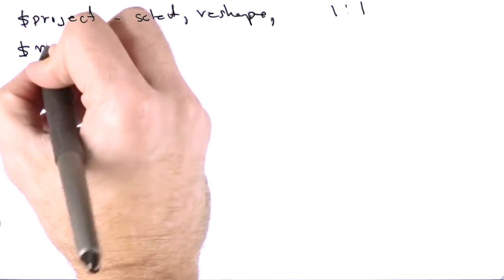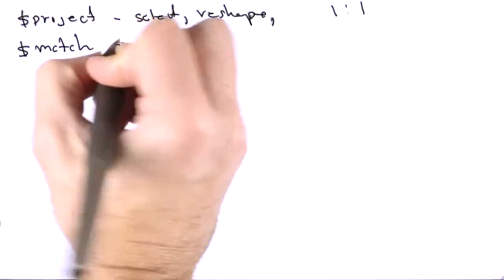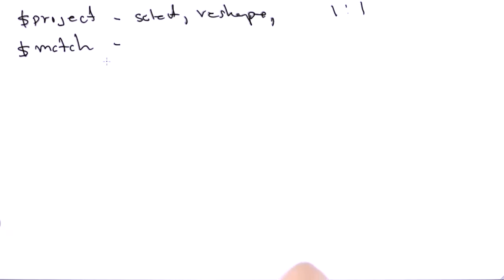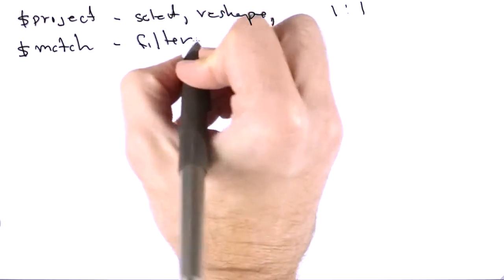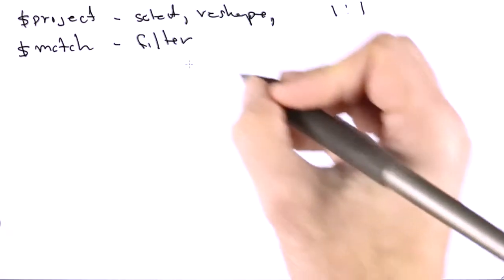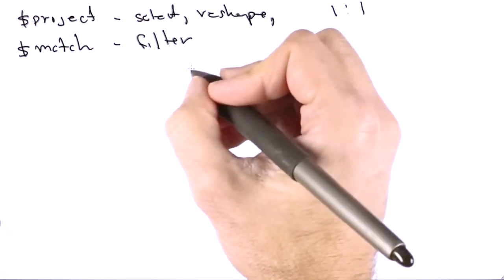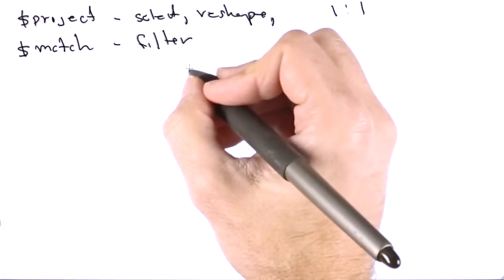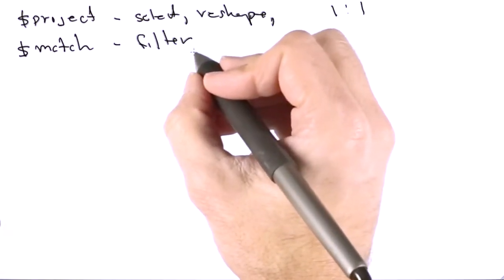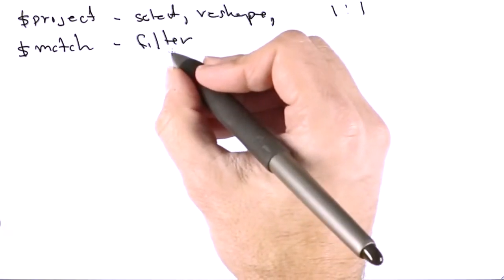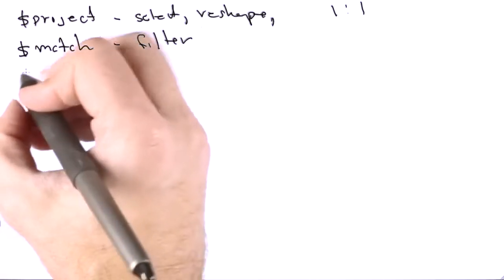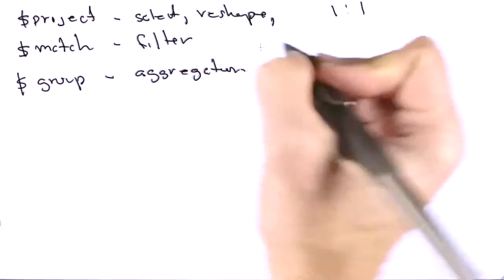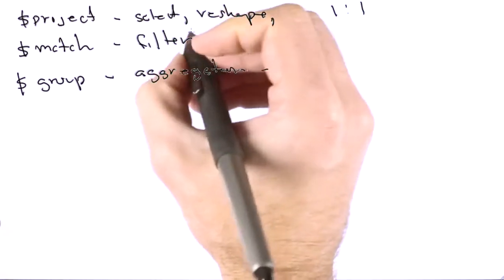Now, the next one is a $match. They don't have to be in this order in the pipeline. And the match is going to filter. So for instance, in the case I showed you with products, if I was only interested in products by Apple, I could filter early on in the pipeline and make sure that I'm only looking at the documents that have the manufacturer being Apple. So that's what match is going to do. I can group, of course, which you saw, and this is going to be your aggregation functions.